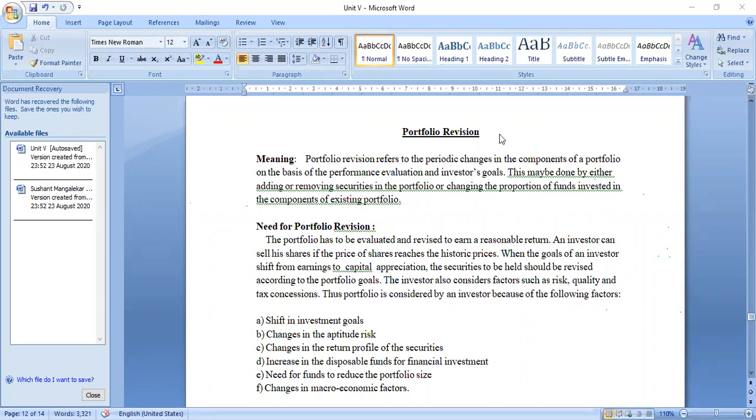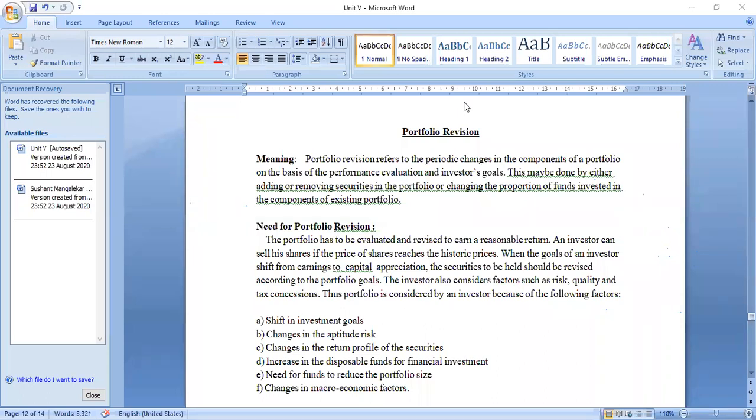So now after portfolio evaluation, the last aspect in security analysis is all about portfolio revision. In the fourth and fifth unit, right from the third unit, it is all about introduction to portfolio analysis, with regard to expected return, actual return, market returns. And then we start constructing a particular portfolio.